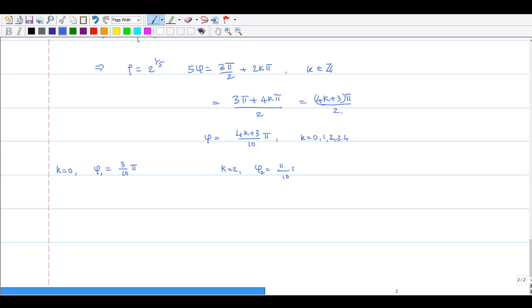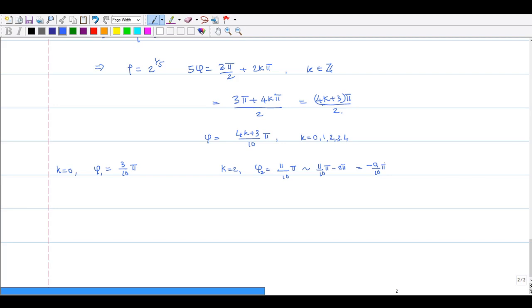இது வந்து 11 by 10 ங்கிறது 1 விட கூட, அப்ப இத என்ன பண்ணிக்கணும் அப்படினா 11 by 10 pi minus 2 pi னு போட்டுக்கணும். ஓகே, so what is this, 20 minus 11 எவ்வளவு, 9, ஓகேங்களா, so minus 9 by 10 pi.